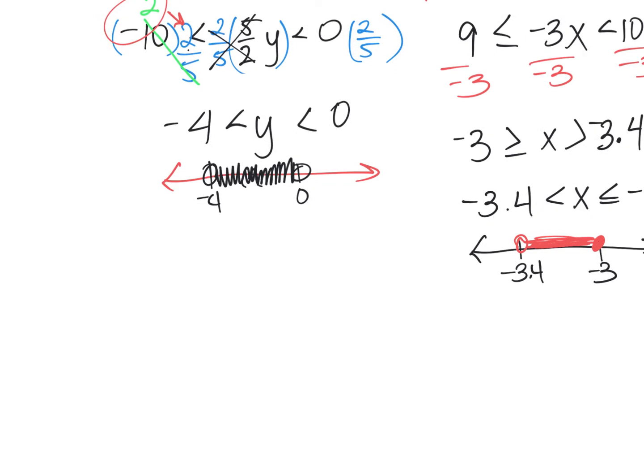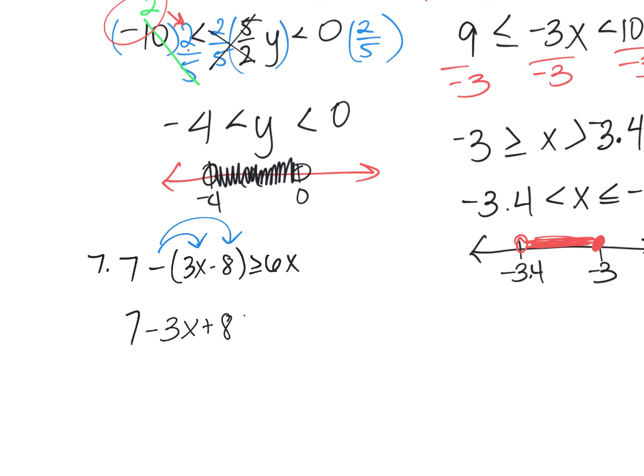All right, number 7. 7 minus 3x minus 8 is greater than or equal to 6x. So on this one, I'm going to start by distributing the negative sign to the whole parentheses. I get 7 minus 3x plus 8 is greater than or equal to 6x.